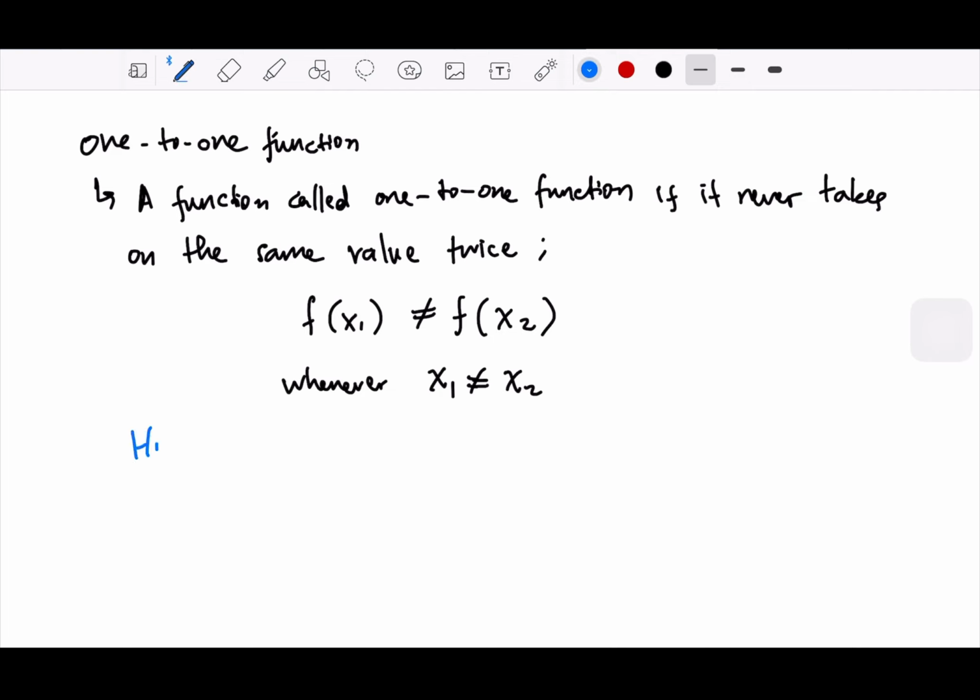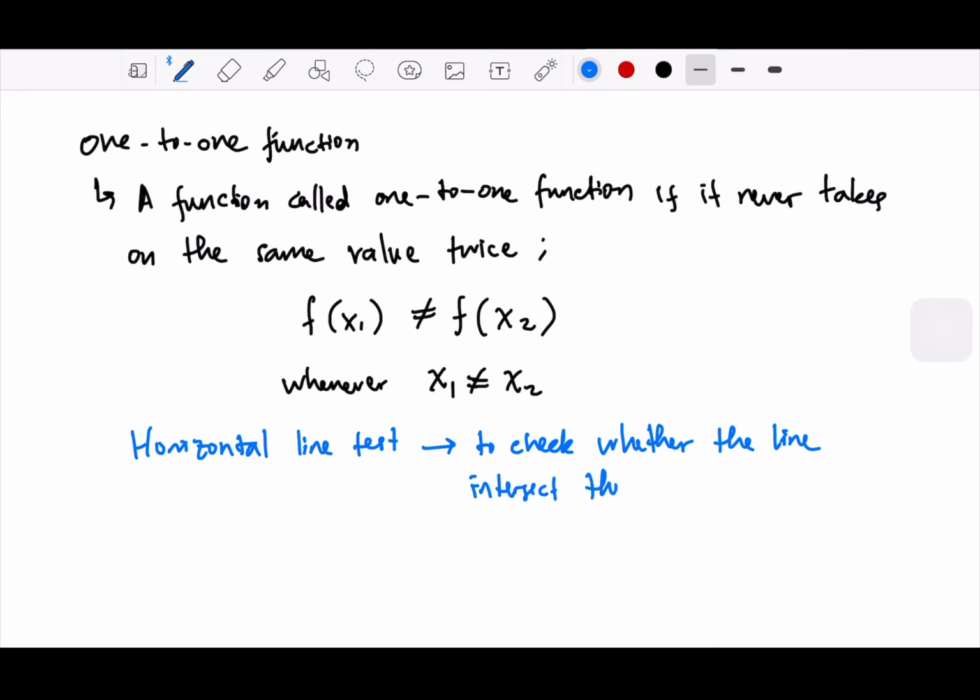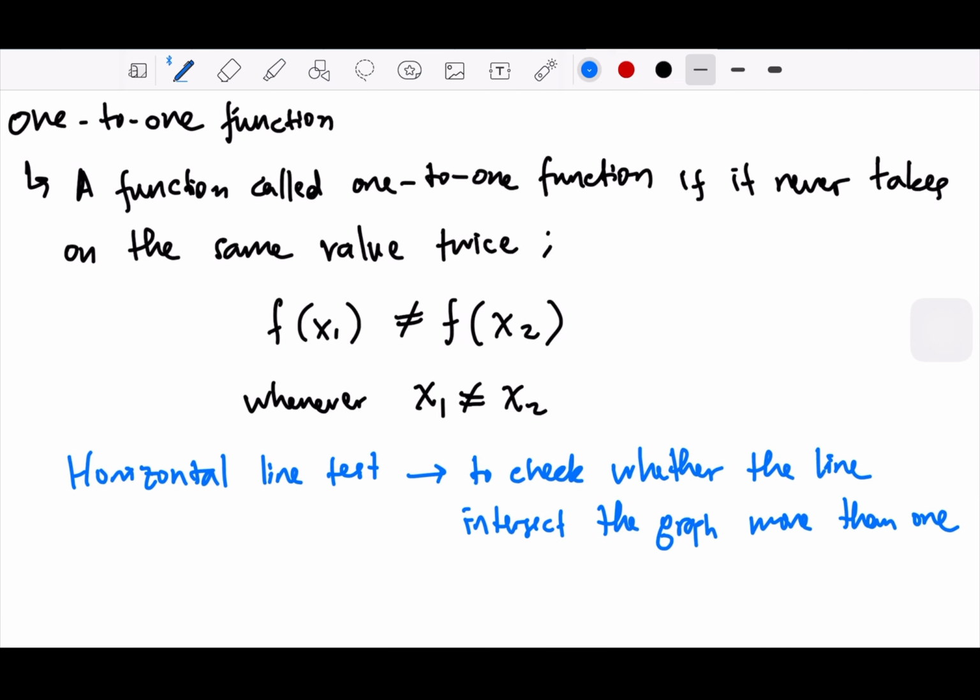And you can check with the horizontal line test, to check whether the line crosses or intersects the graph more than once. So that is the one-to-one function.